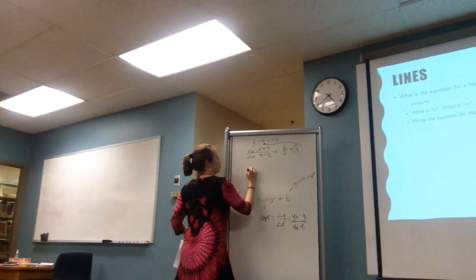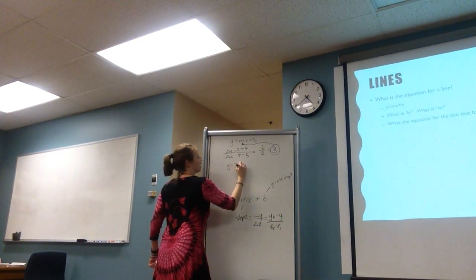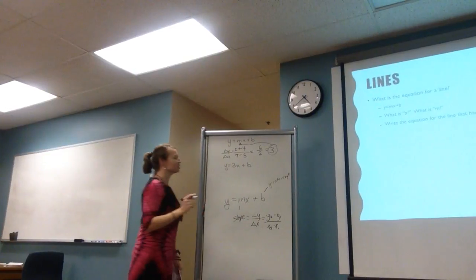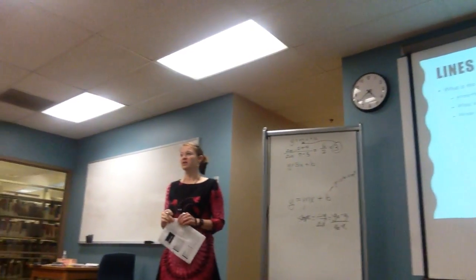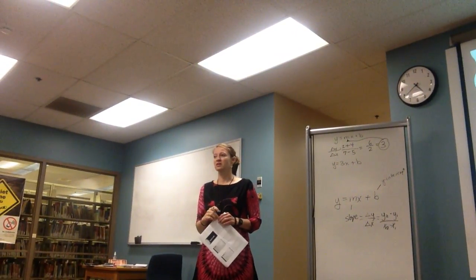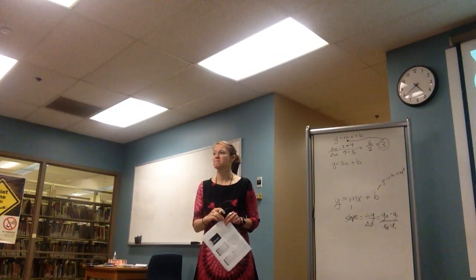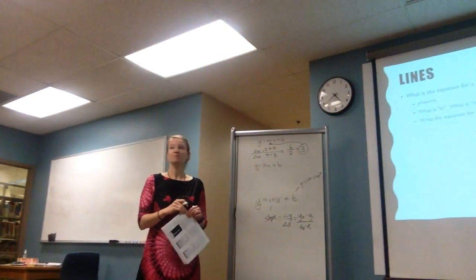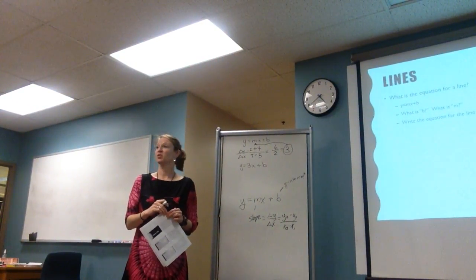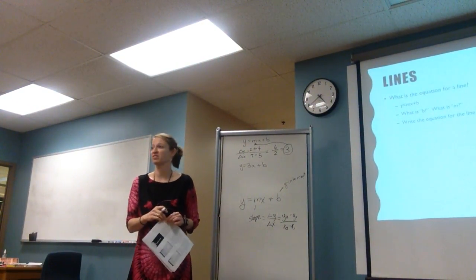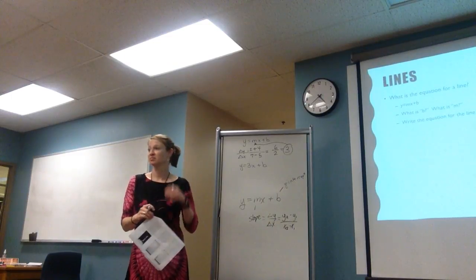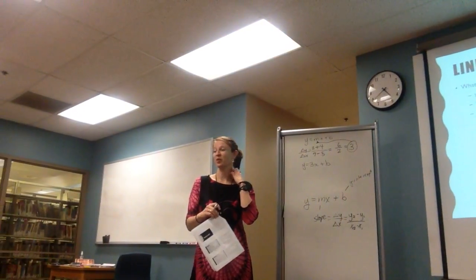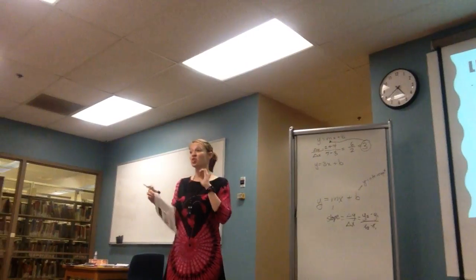Let's write it in. y equals 3x plus b. Now I just need to know b. How am I going to do that? Any ideas? Yeah. That's fine. You ended with negative 6 over negative 2? Okay. It should work either way.